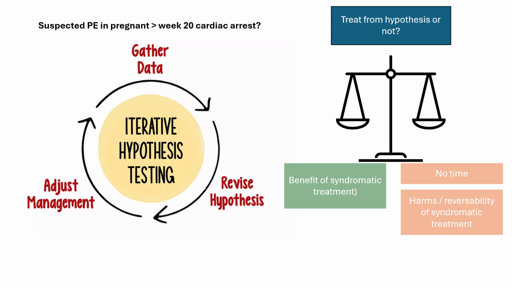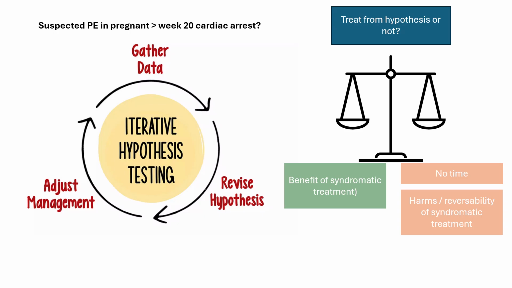Hopefully. PE in cardiac arrest is notoriously hard to diagnose, right? There are some animal studies that say the blowing up of the right chamber happens to some extent, at least in pigs, and is probably extrapolated quite well to humans. So it is at least a little bit hard.